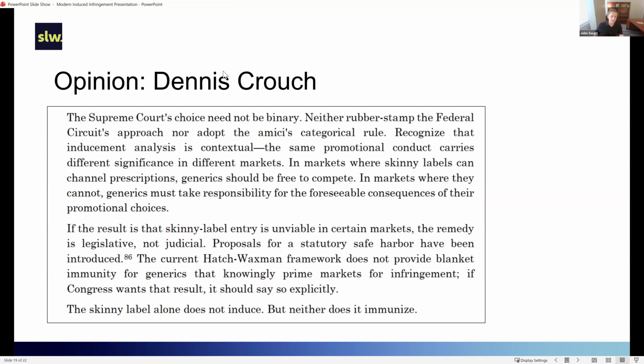So Dennis is saying this is a very unique situation. A holding in favor of the brand holder would not uproot the availability of Section 8 Hatch-Waxman carve-outs for generic drug manufacturers.